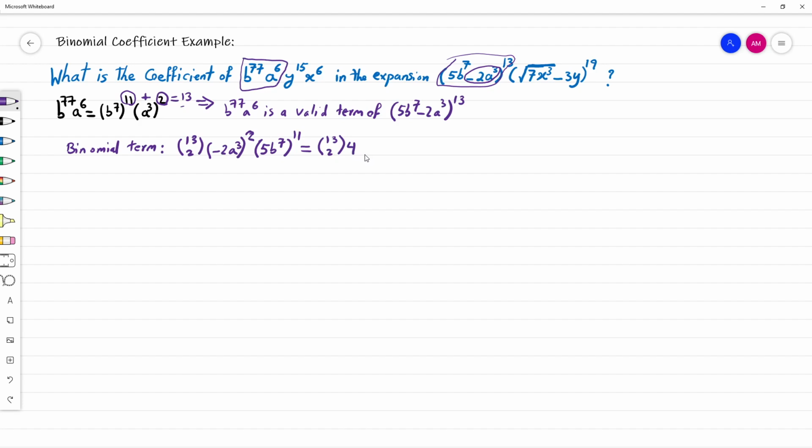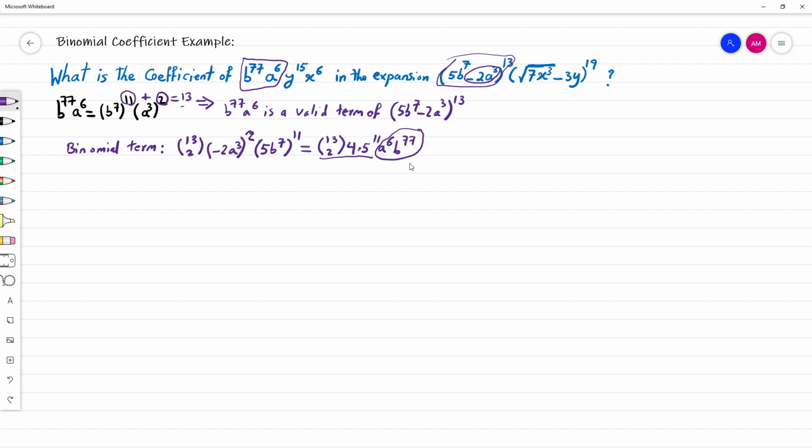And then aside from that, we have 5 to the power 11 coming out of this thing, so it's going to be 5 to the power 11. And then what else we have is a to the power 6. And finally, we have b to the power 77. So this is the component that we were looking for, and this is the corresponding coefficient behind that component.